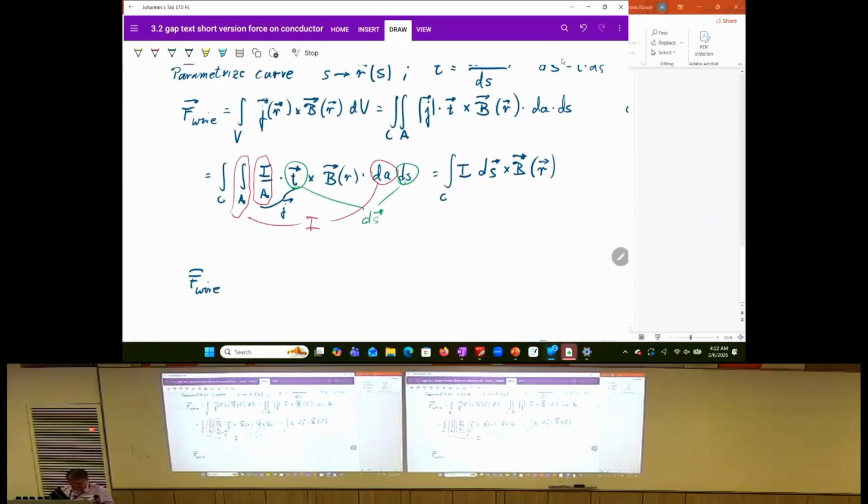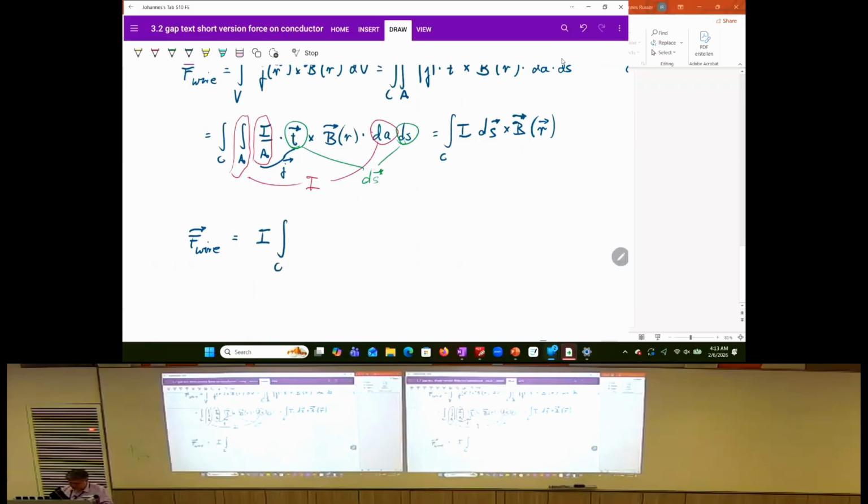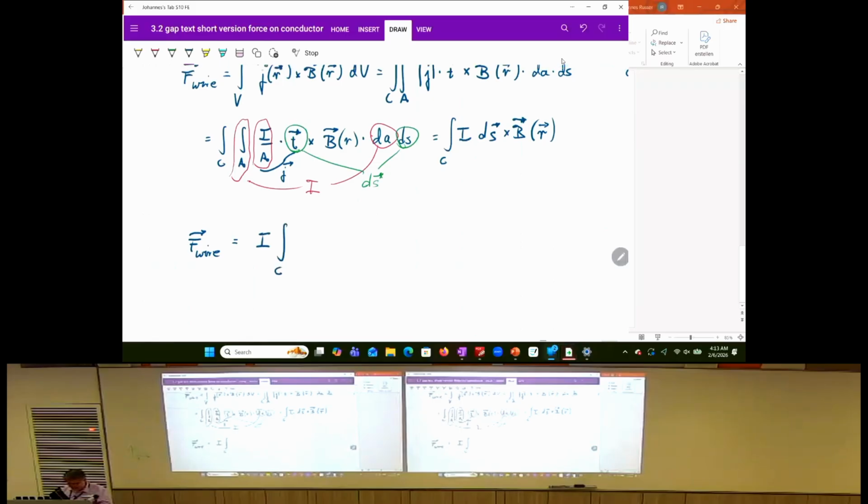So the force on the wire is given by the curve integral. The I is constant, and you can write it as the cross product with the magnetic flux. Then we switch the order, because earlier we took the tangential vector, which we introduced for the current density, and pulled it together with the differential line element, and we formed the vectorial differential line element.